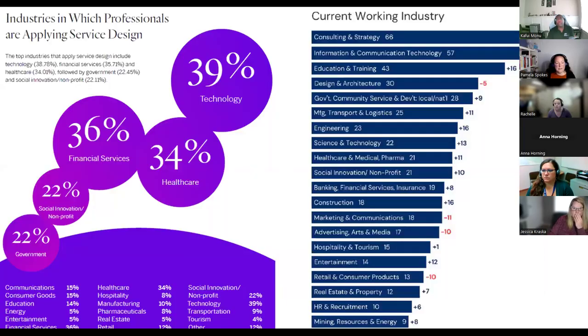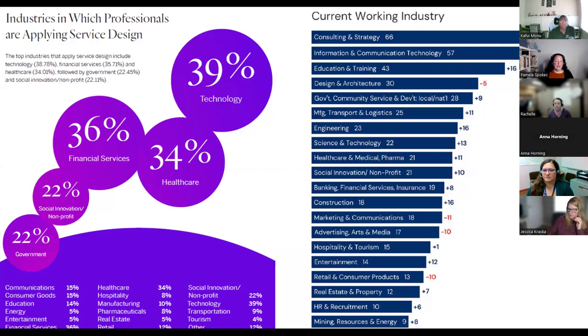And then we have here, the left side is the US one. In which industries are people applying service design? I noticed that healthcare is the third highest there, with 34% of people working in healthcare, but also technology, financial services, nonprofits, government, and then it goes on and on down at the bottom. And then the right side is how it's looking in Finland.